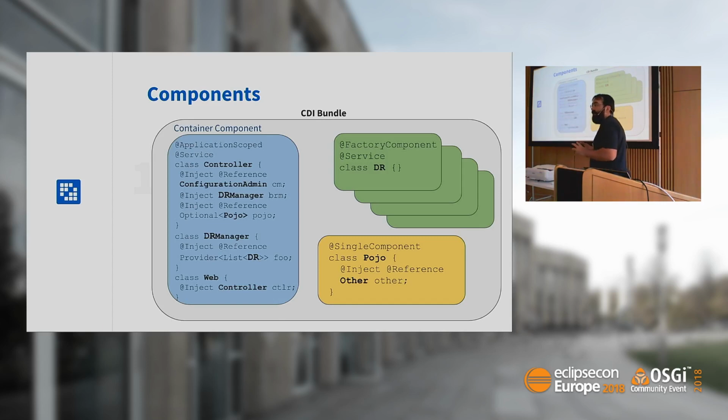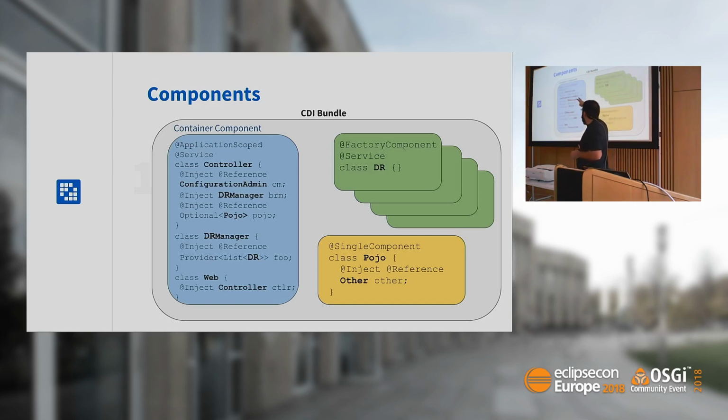But it's layered. It's layered because CDI always has what we call a container component, which is kind of like a host. It's a host part of the application that always exists. And then your actual dynamic components are children of the container component.